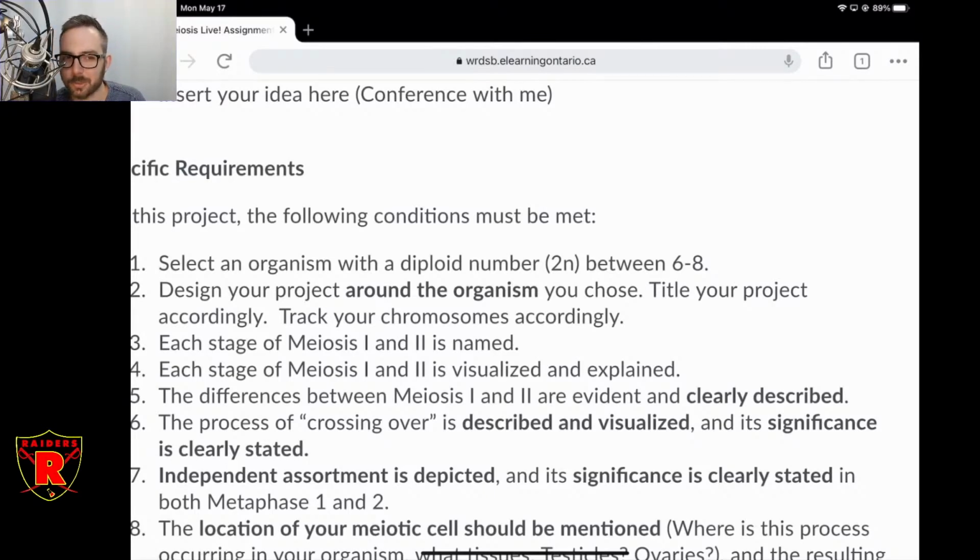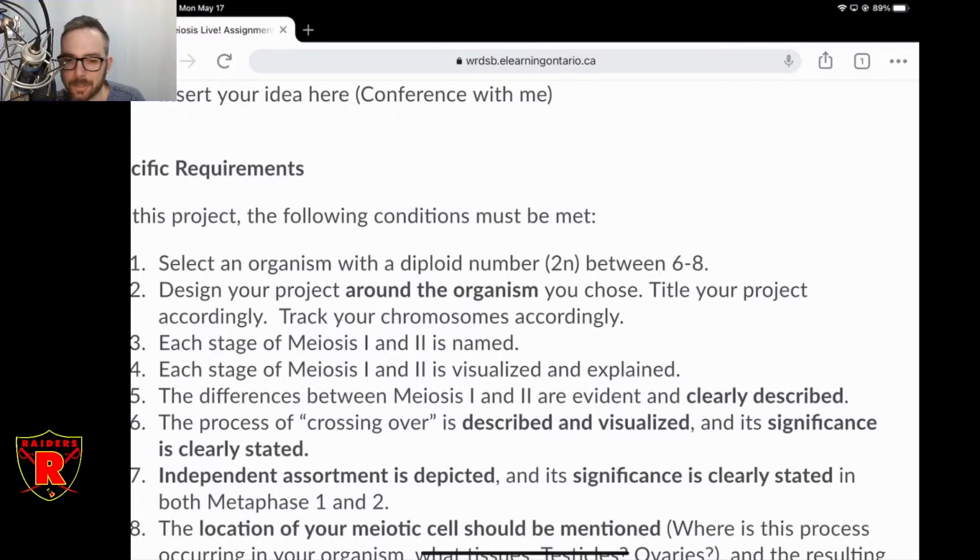So the easiest thing to do is to pick an animal, to be perfectly honest. You can do plants, but I would really avoid plants because in actual reality, the meiosis in plants does look a little bit different. There are minor differences, and it's confusing.